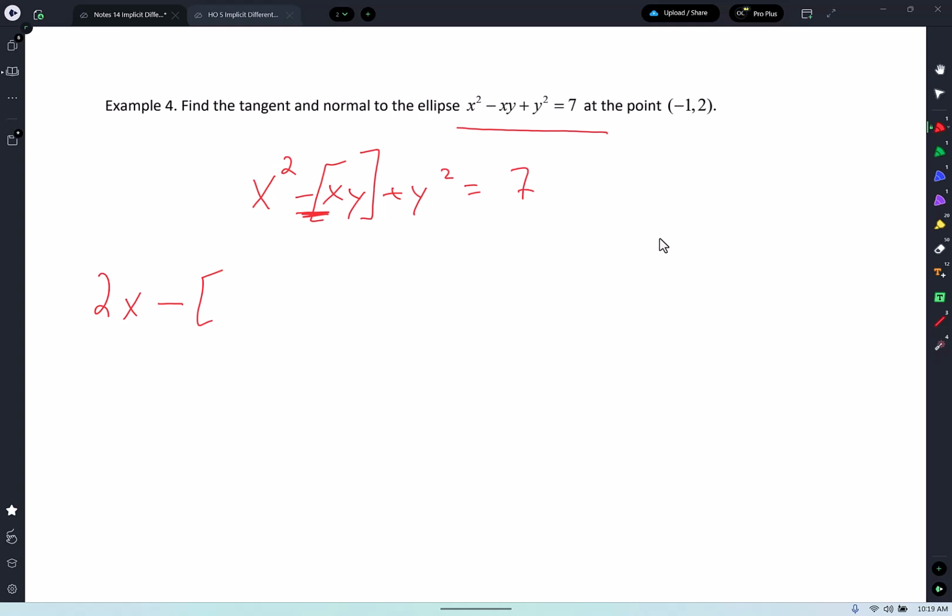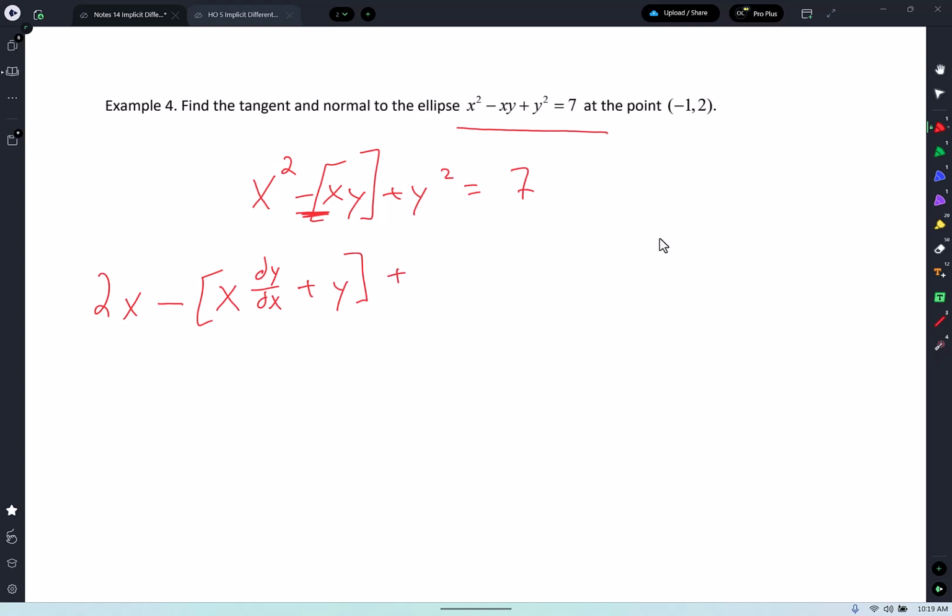So there it is. I'm going to do product rule first. X times the derivative of the second. What's the derivative of y? dy dx. It's not an x, so dy dx. Plus the second, y, times the derivative of the first. What's the derivative of x with respect to x? 1. It's actually dx dx, but dx dx is also 1.